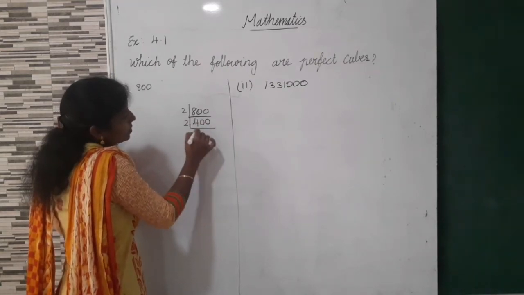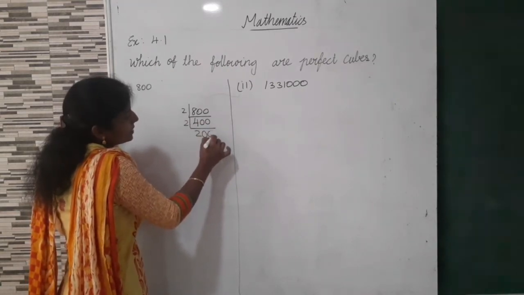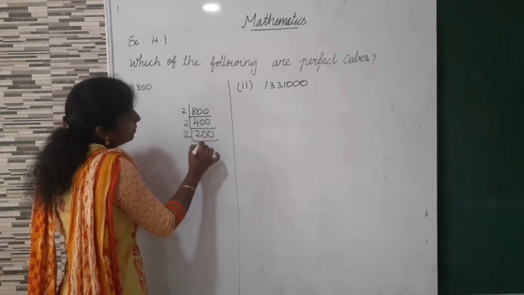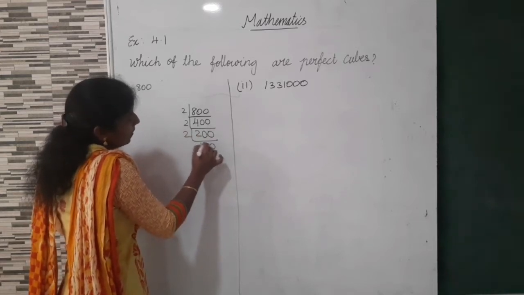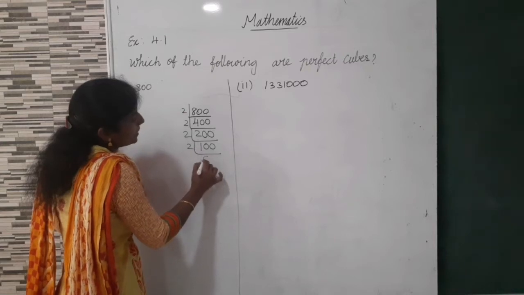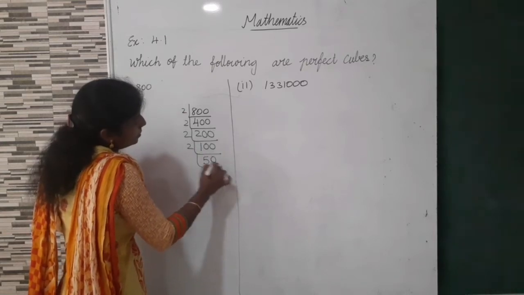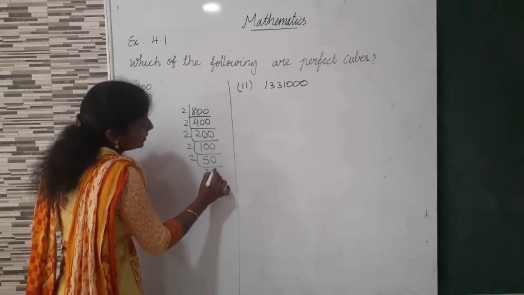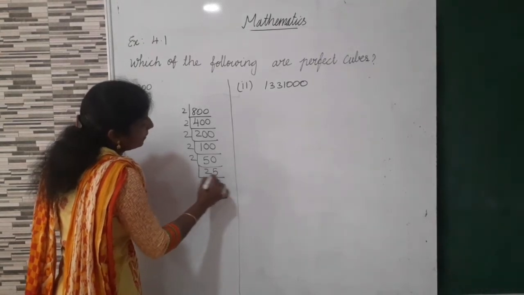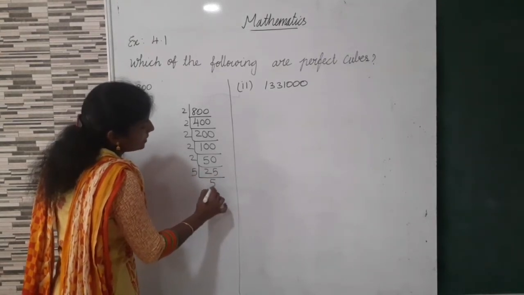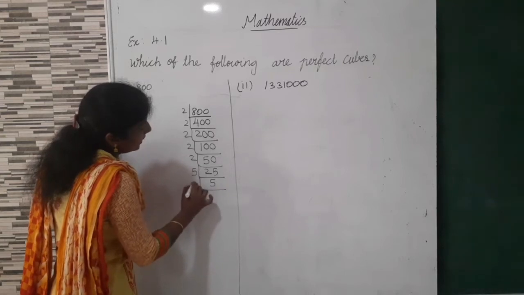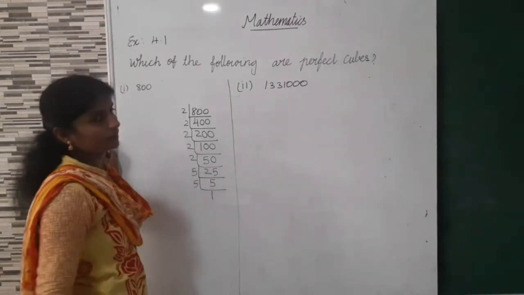Then 2, 2 2s are 4, 0, 0. 2, 1 2 is 2, 0, 0. 2, 5 2s are 10, 0. 2, 2 2s are 4, 5 2s are 10. Then 25 is in 5 table, 5 5s are 25. Now 5 table 1 time.